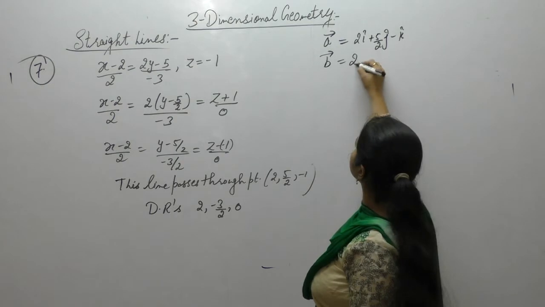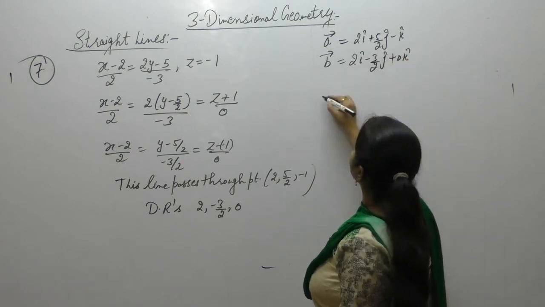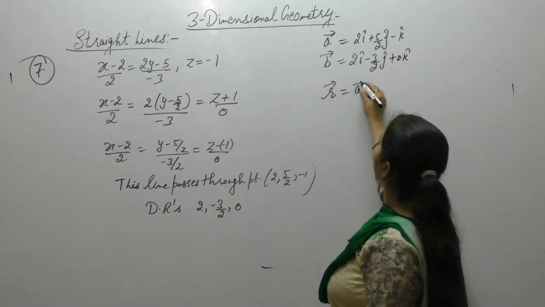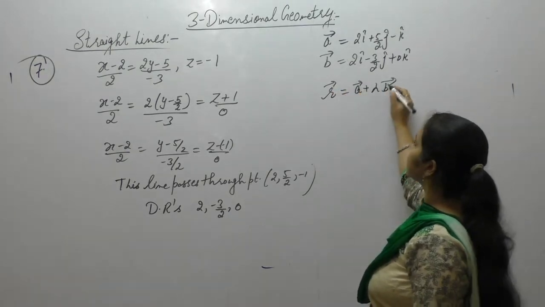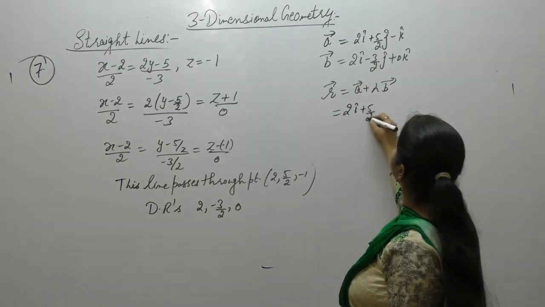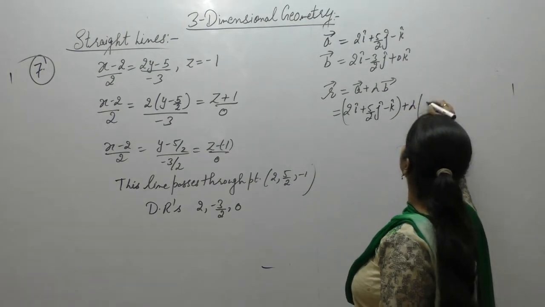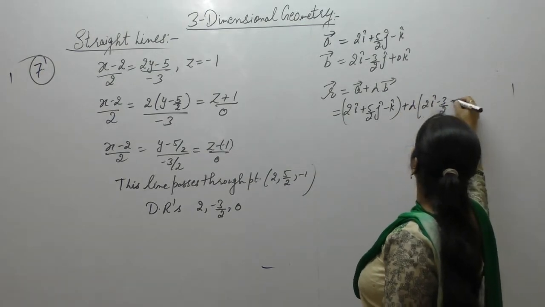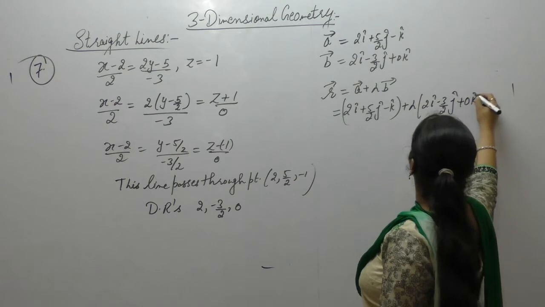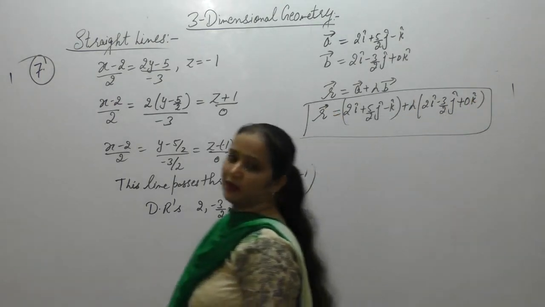Direction ratios are this, so b vector is this. The vector equation of a line that passes through a point and whose direction is given as b vector is r vector equals a vector plus lambda b vector, where b vector is 2i minus 3 by 2 j plus 0k. So this is the vector equation of the given line.